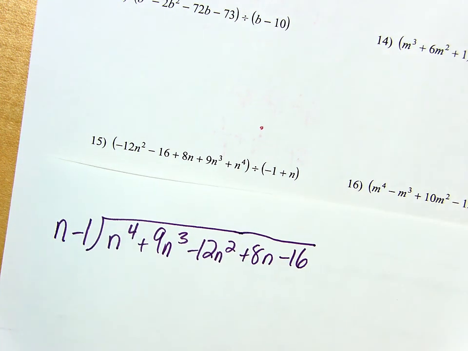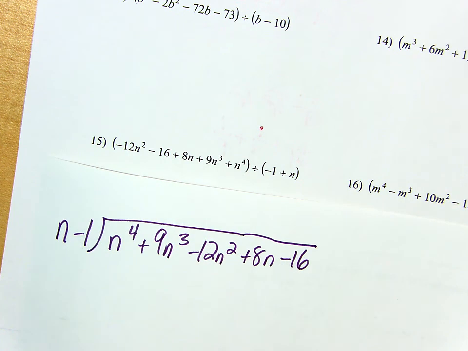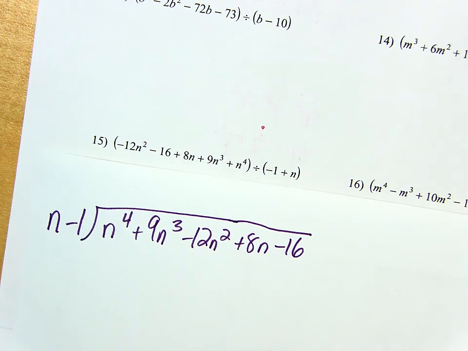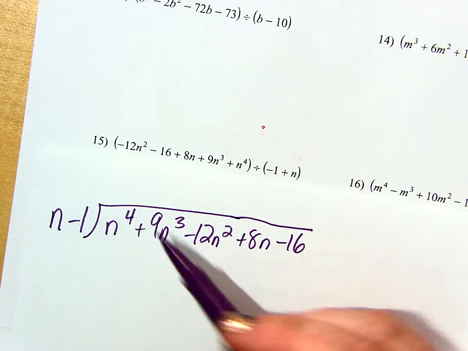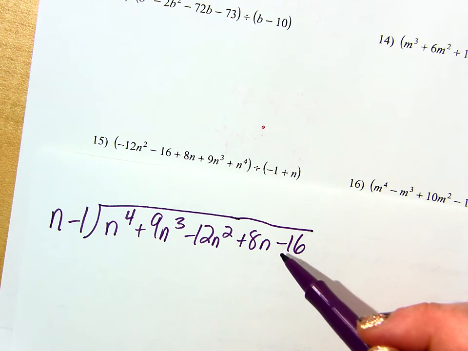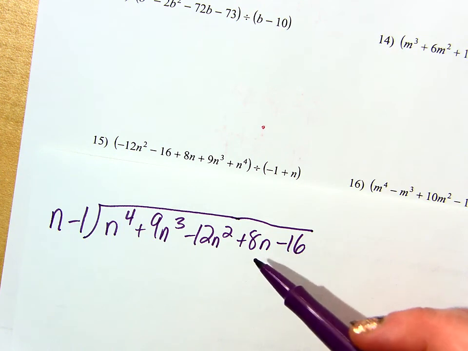But I'm telling you, you're going to hit a problem, and you're going to be halfway through it, and things are going to start to break, and you're going to be like, what's going on? It's probably because you needed a 0 placeholder, and you missed it. So make sure that you are checking. So even though this one has more terms, you still operate the same way. So go ahead and try this one out.